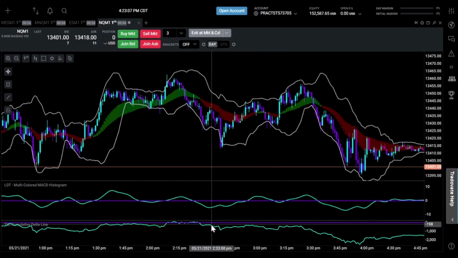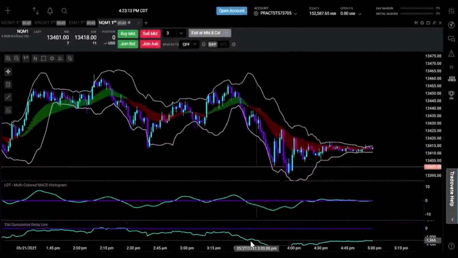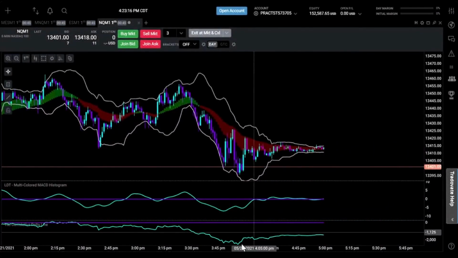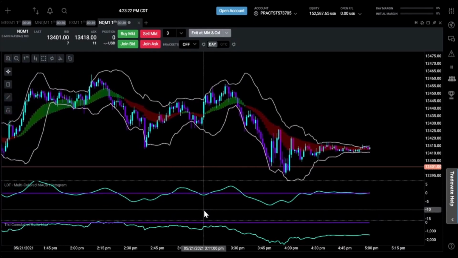It kept her out of a ton of trouble. Just being below zero or above zero. That's the only thing I use it for. I don't use it for any other thing. No type of divergence of any degree. It's just are we above it or are we below it. Super clean signals.